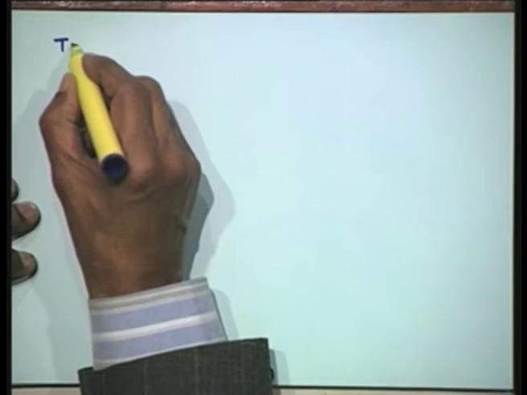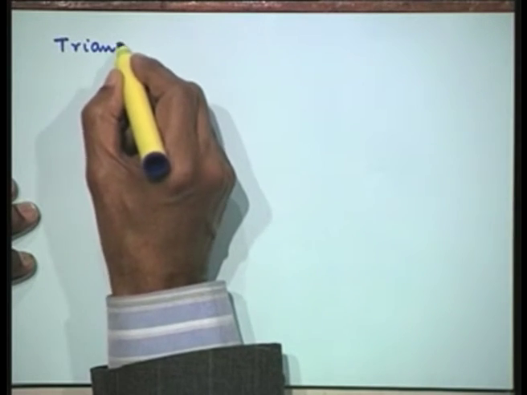Now, I will just give a brief introduction of that, we will take the derivation next time. Those methods are called the triangularization. There are a number of names for it.